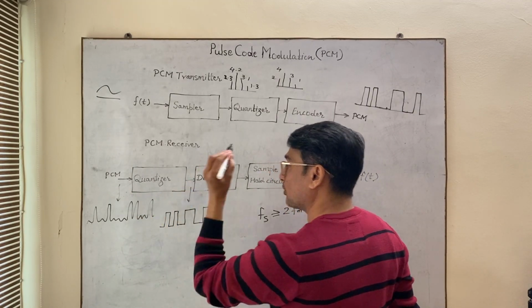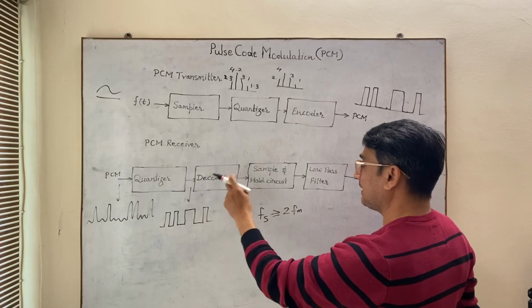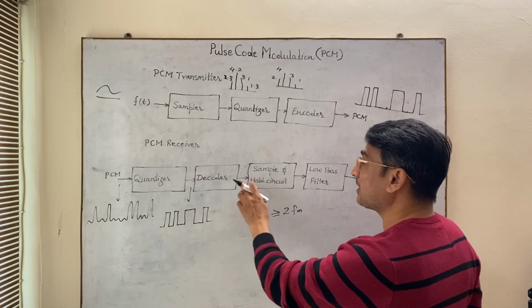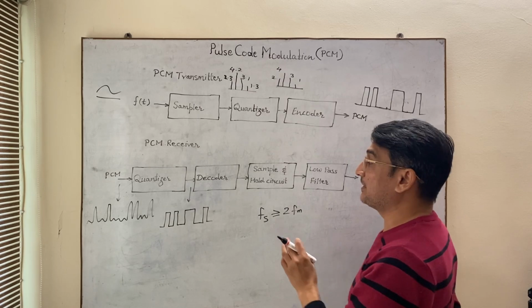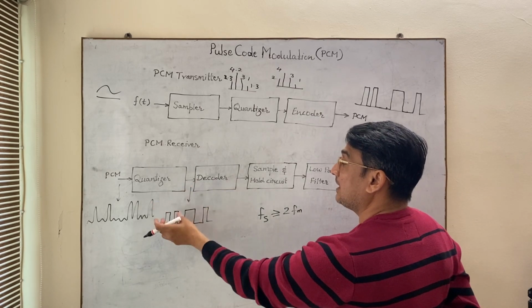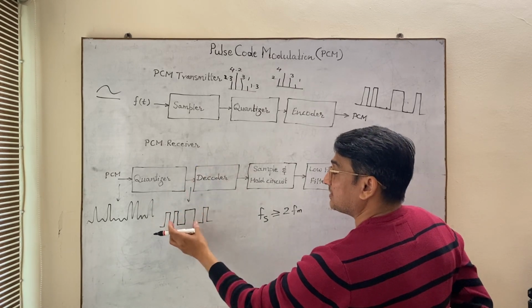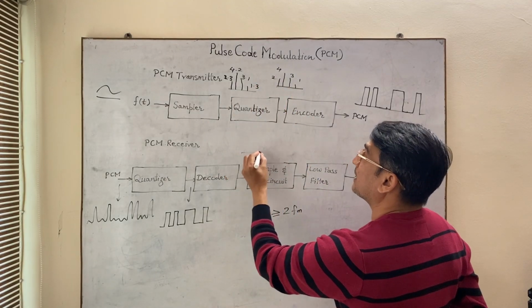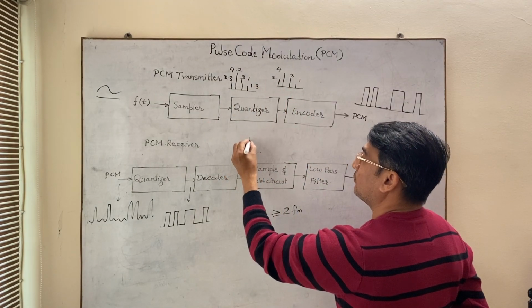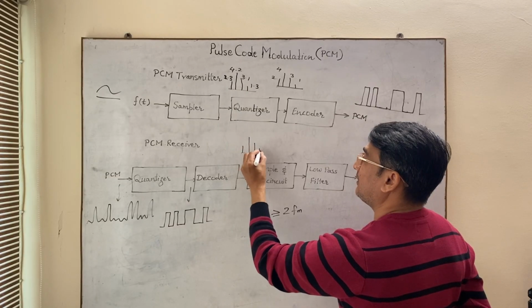This is the output of the quantizer, and then the decoder performs the reverse operation. That means it will change the binary data into its corresponding samples. So the decoder output will be nothing but 2, 4, 3 and 1.